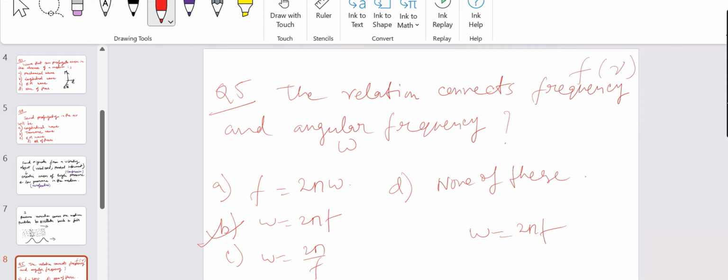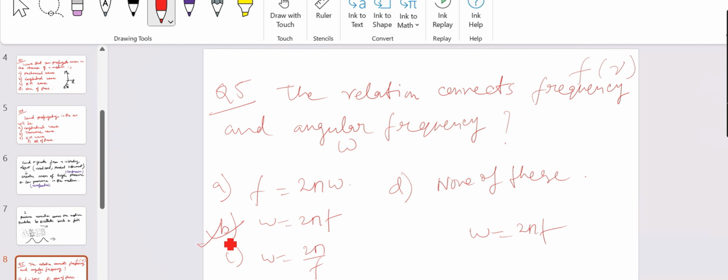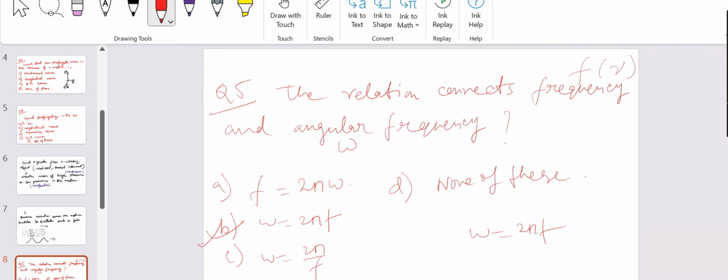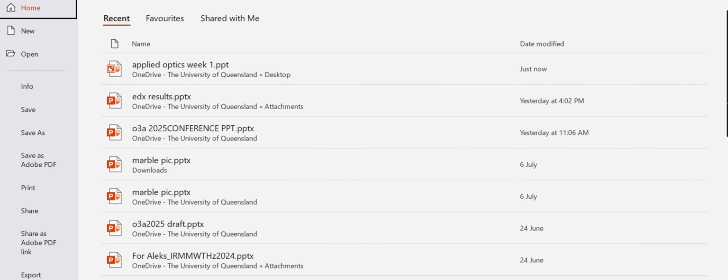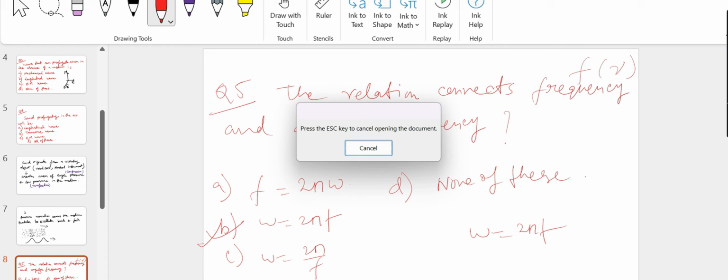And last day I have also discussed, let me show the file. I have discussed all the equations regarding this.